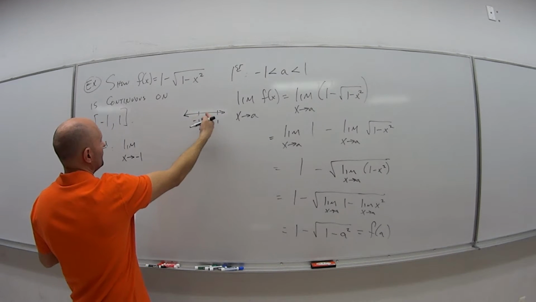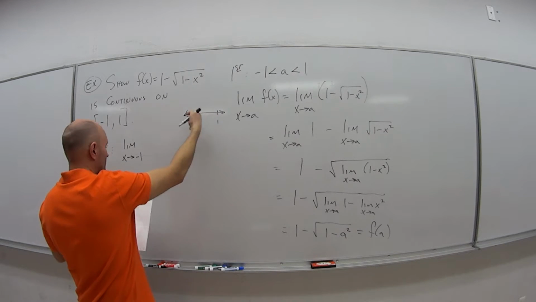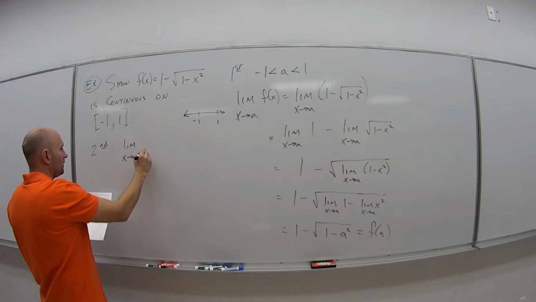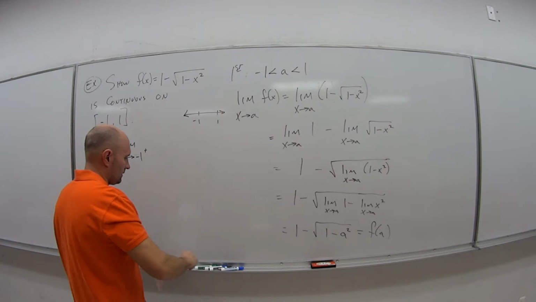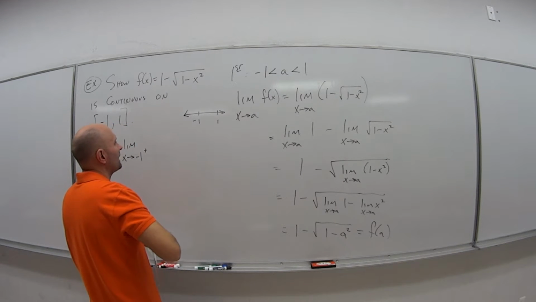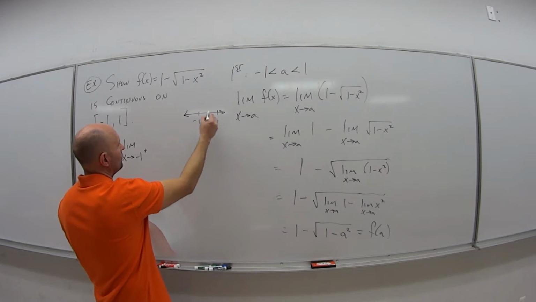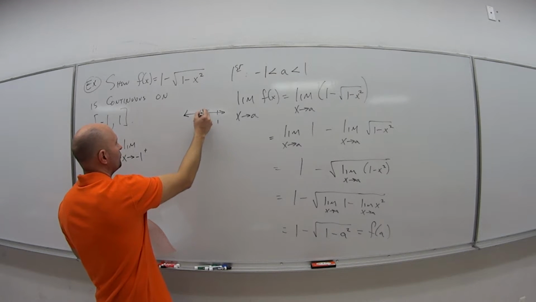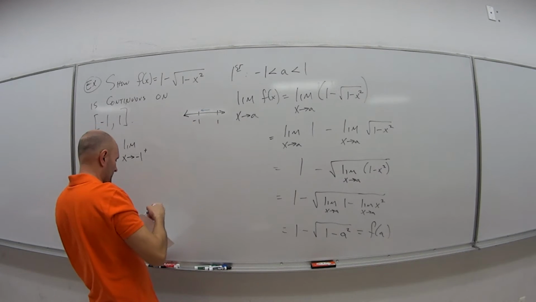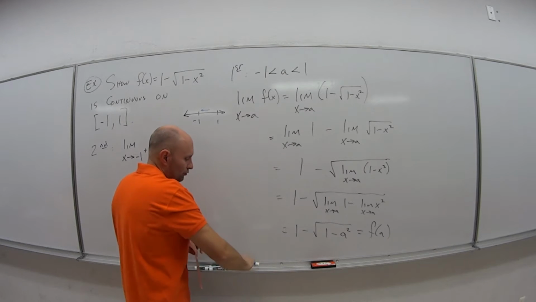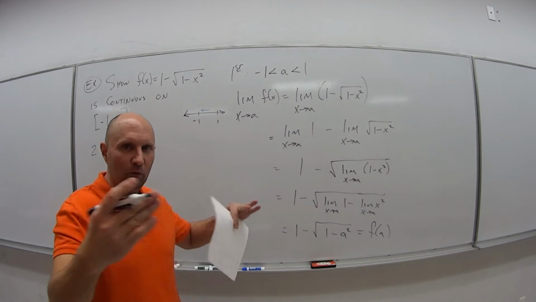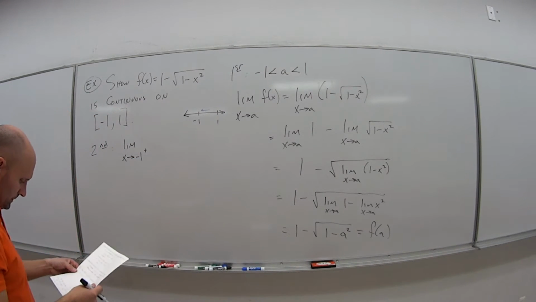As I get close to -1 from within this interval, it means what? It means from the right side. The only way I can get close to -1 is if I'm coming from the right side. I can't approach -1 from the left because I would be outside of the interval.